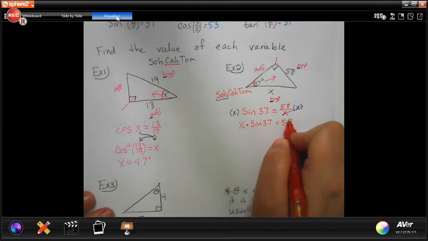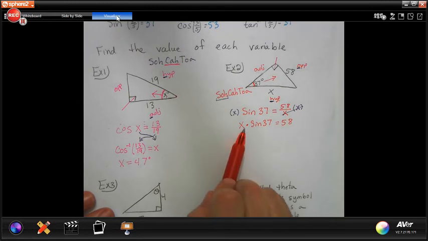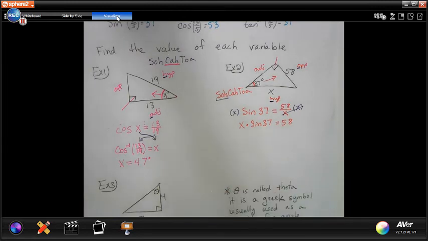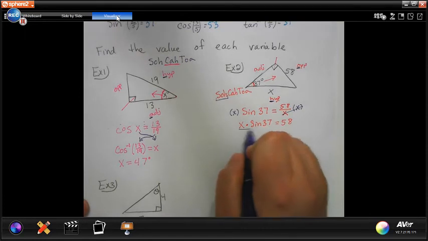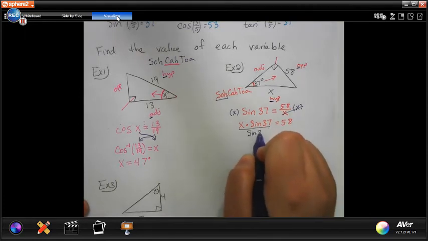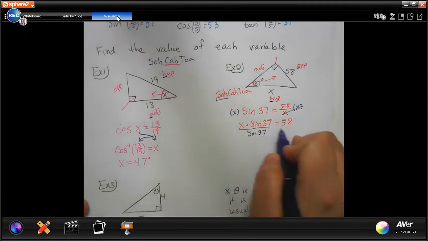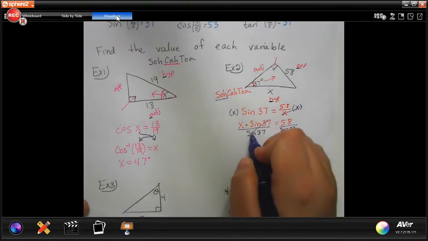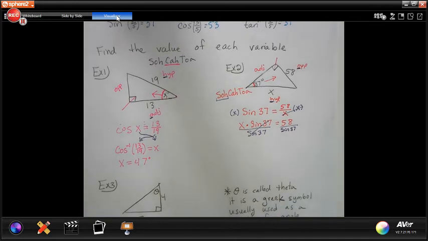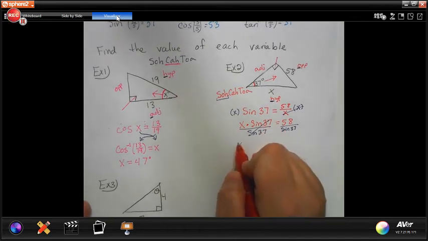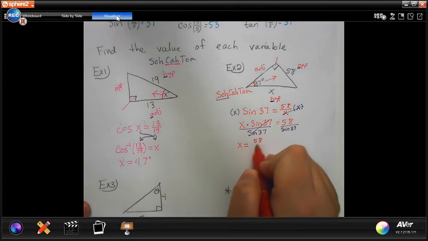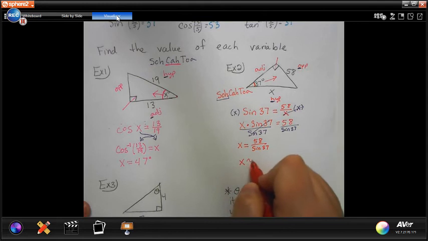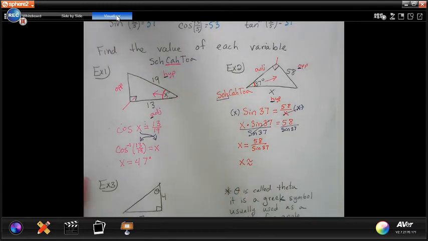equals 58. We need x to be alone, so whatever's being multiplied to it, we divide both sides by sine of 37. It has to stay sine of 37. So we get x equals 58 divided by sine of 37, and that's going to give us a number.